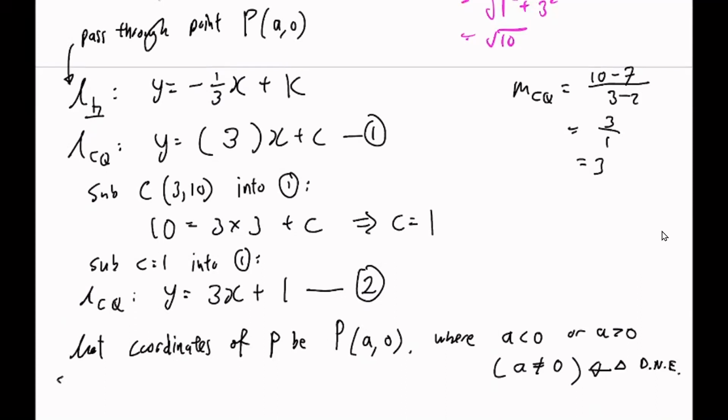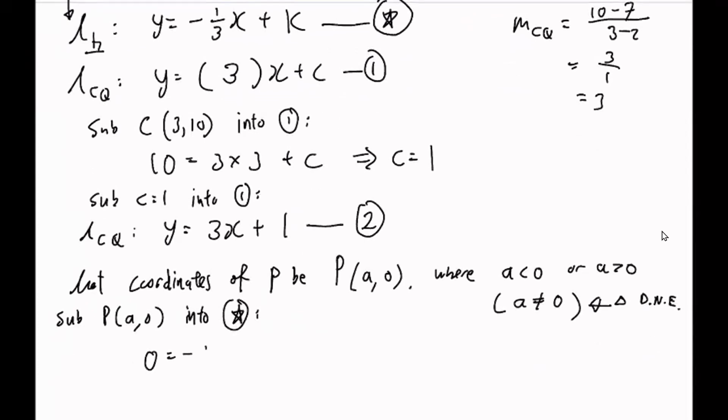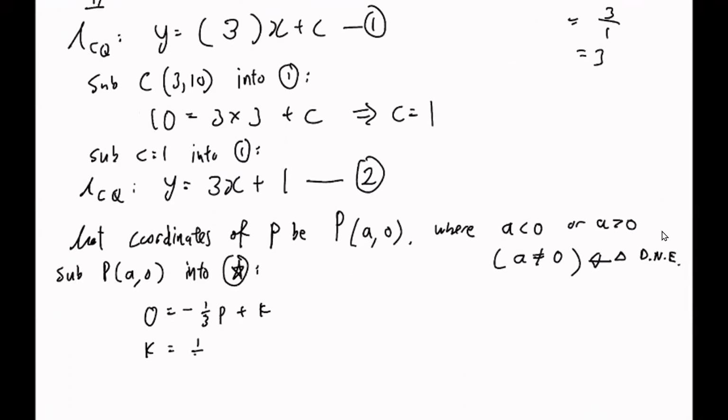Sub (a, 0) into, maybe I'll call this star, into star. Then we get 0 equals negative 1/3 a plus k. Now we want to solve for k. So that means that k is 1/3 of a. Is this clear?